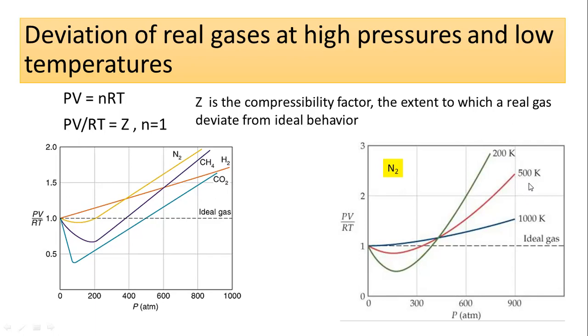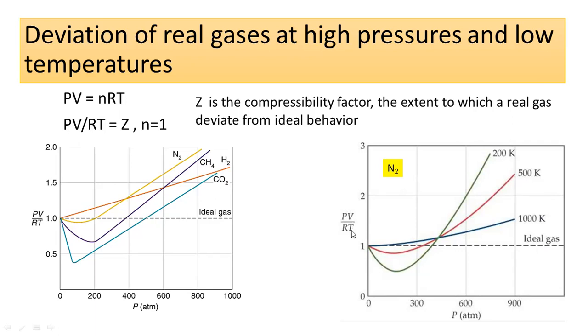So I am going to look at the effect of temperature on the deviation of the real gases from the ideal gases. Again, the value of Z will remain constant. This is the ideal gas. That means according to Charles law, because P will remain constant and n is constant, Charles law is the variation of the volume with the temperature.